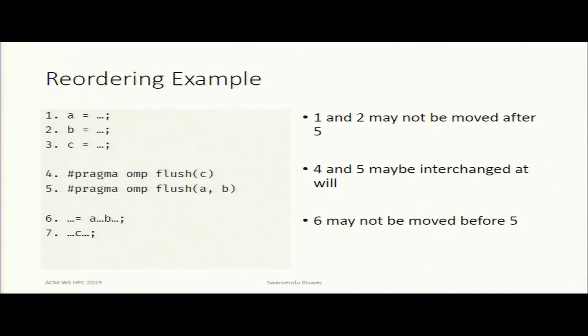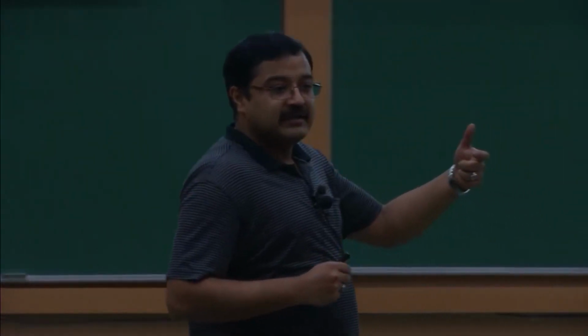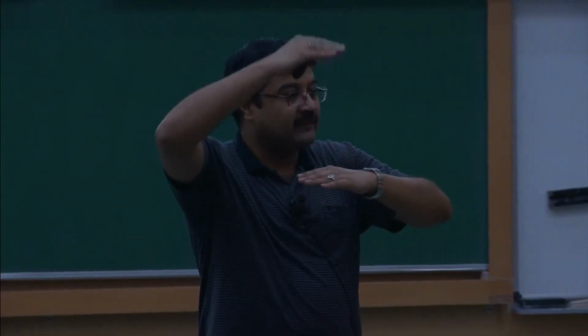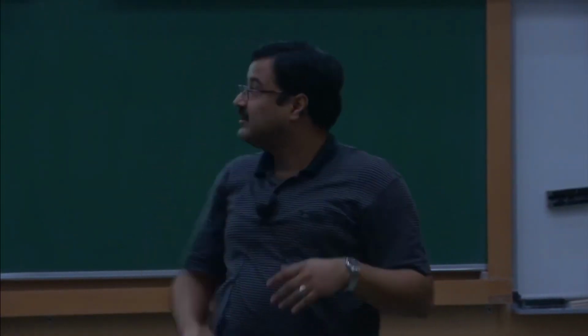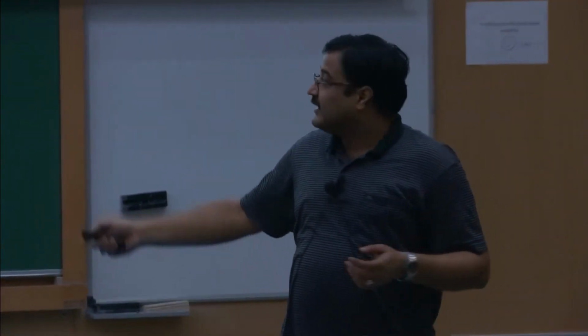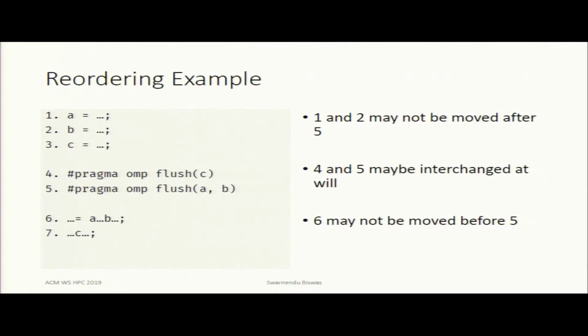That means they cannot be reordered beyond, cannot be pushed down after line 5, because line 5 is a flush on A and B. That means I am inserting fence statements on A and B. So the stores of A and B cannot be reordered after this fence instruction. Similarly, 3 cannot be reordered after 4. If I did not provide the C, A and B list, then none of these can be reordered, because it's then a flush on all shared objects, all shared variables.